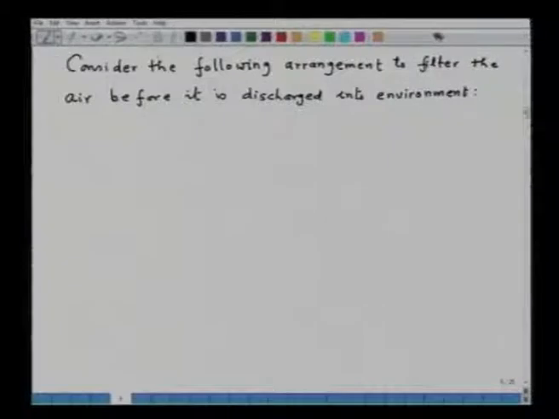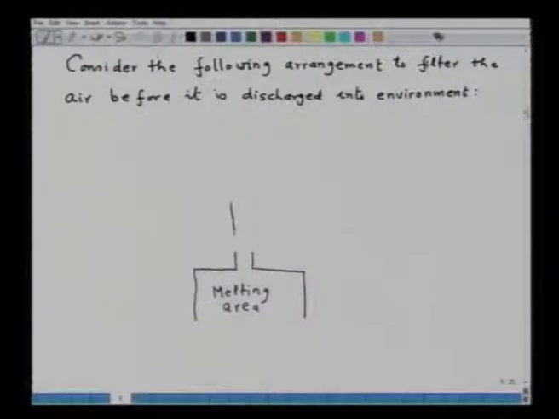And the arrangement is as follows. So, we have a melting area, say this is the melting area, and here we have an arrangement for exhaust or the cleaning of the air.